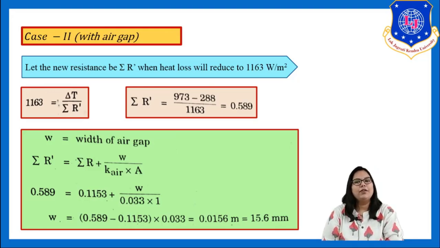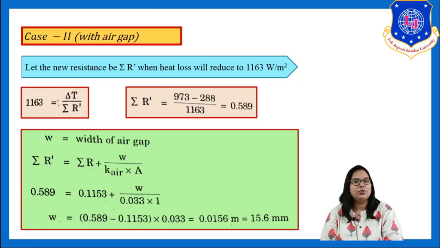We have already calculated summation R dash and summation R. Putting those values in this whole equation, you can see the only unknown is W, the width of the air gap. When you solve this equation, W is equal to 0.589 minus 0.1153, into 0.033.